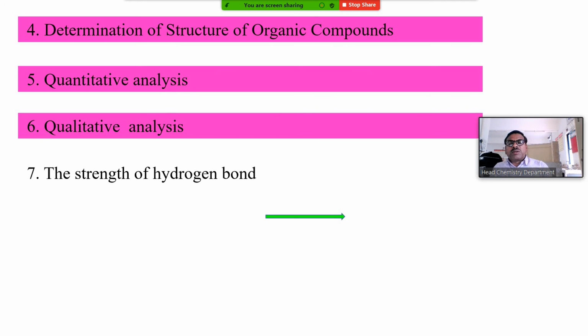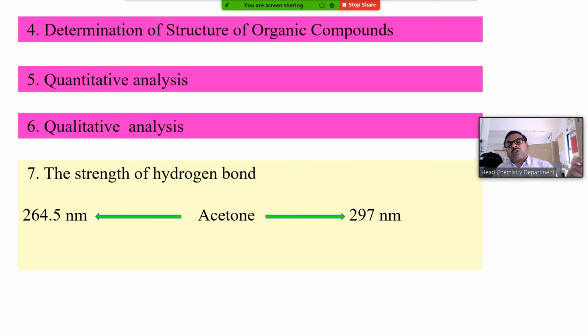So strength of hydrogen bond can be determined by making use of UV spectroscopy. And how it is used, look at this, by taking the example of acetone. When we take the UV spectrum of acetone in water, means take the acetone and put a drop of water into the acetone. What will happen here? You know that acetone has the structure CH3COCH3, and water is H2O.